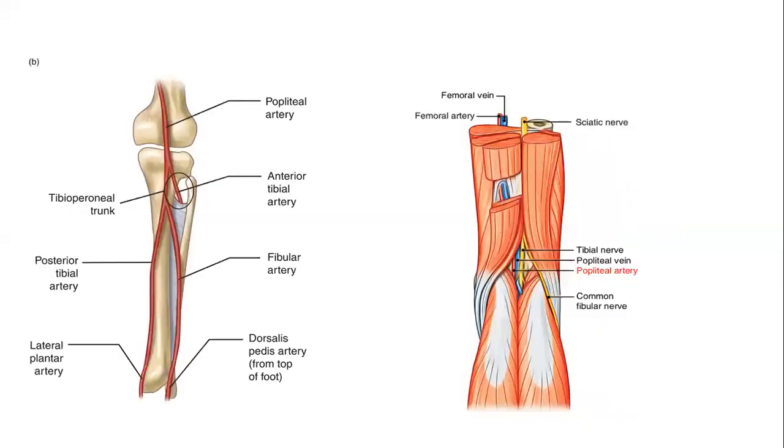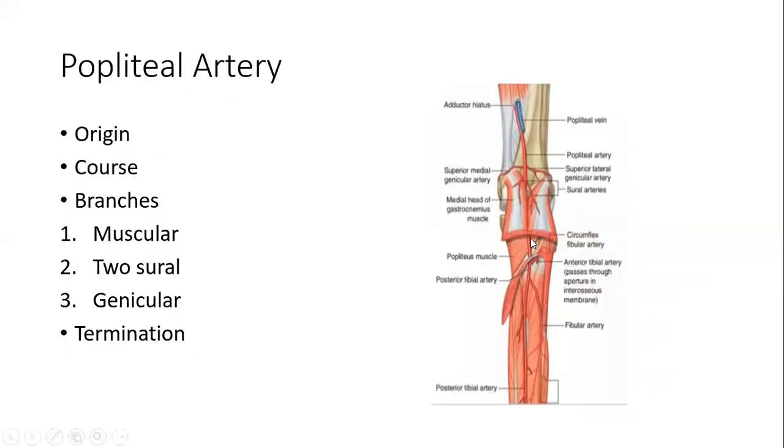So the popliteal artery continues to pass under the fibrous arch within the soleus. And in the upper part of the leg, it divides into its terminal branches, which include the anterior and posterior tibial arteries.